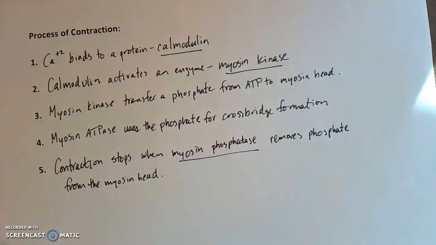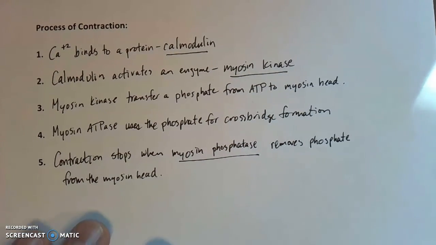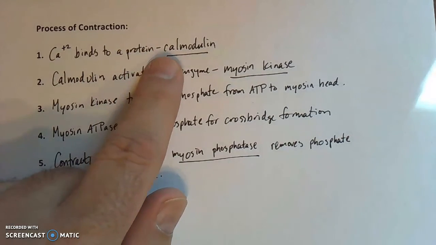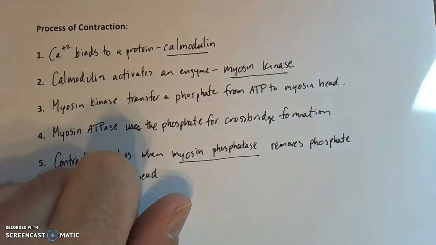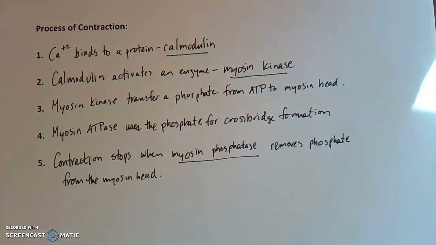So we do not need to rely on as much calcium because we have calcium binding to this protein and it just starts a chain reaction. And we still have the same cross-bridge cycle with contraction, but the processes in which it is initiated and stopped is a little different.